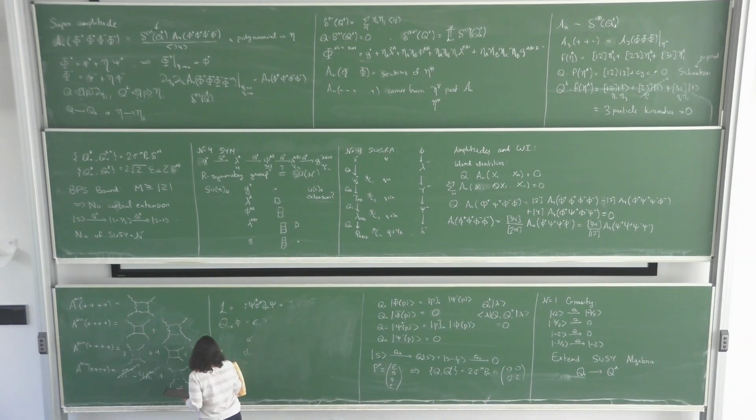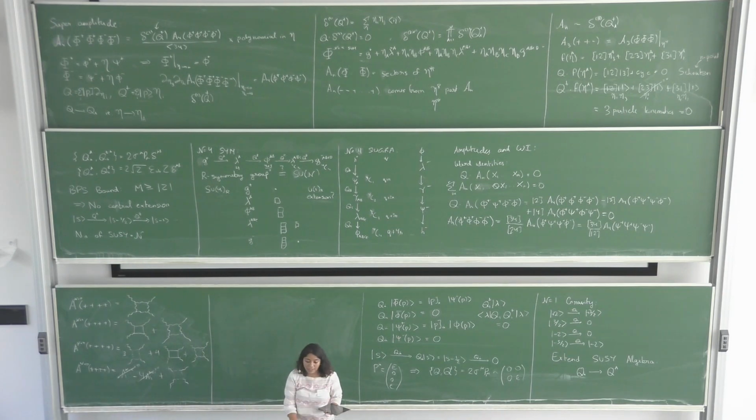Good. So we saw 2 examples, one at loop level and one at tree level, of how the supersymmetry Ward identities can be helpful to us.